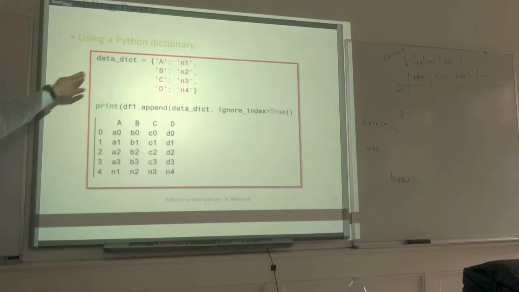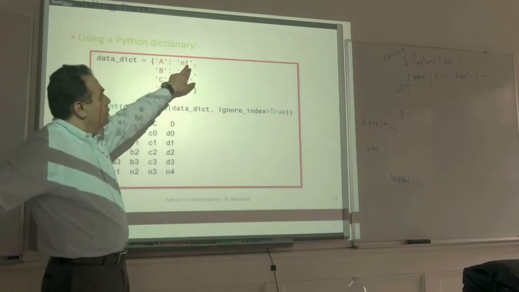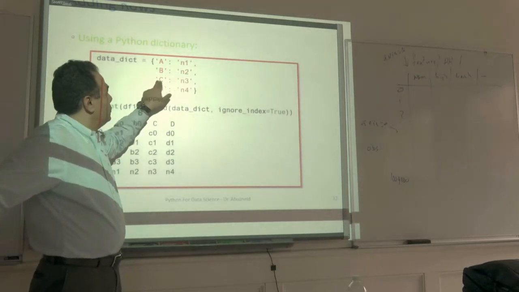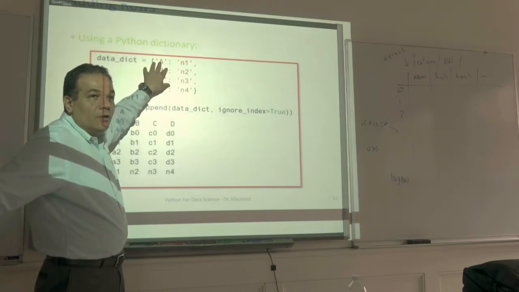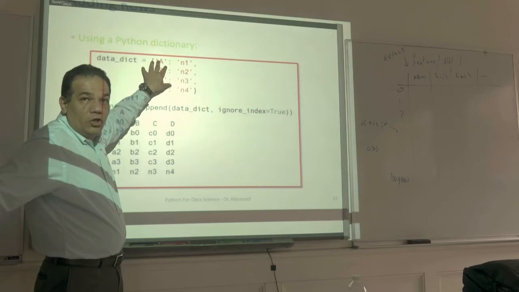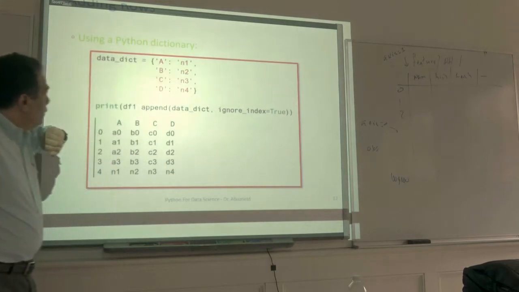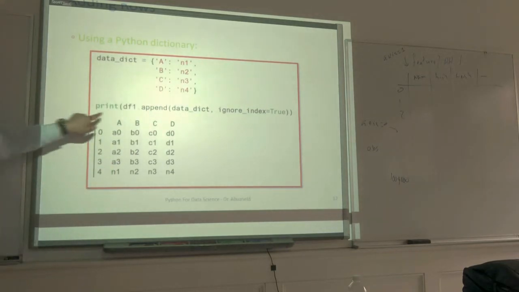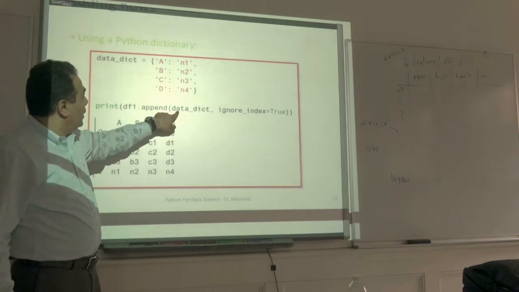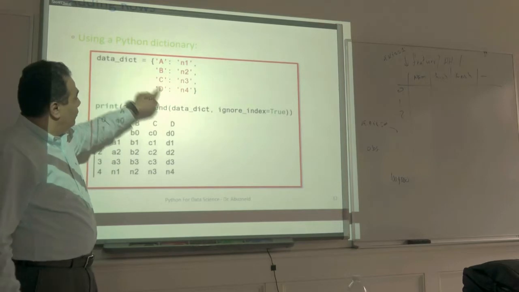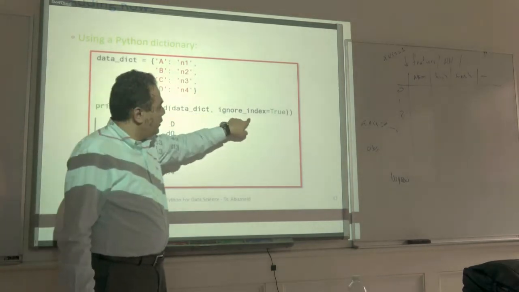Here I'm creating a dictionary: A equals N1, B equals N2, C equals N3, D equals N4. What is this? A dictionary. So data frame 1 append a dictionary, and ignore index.